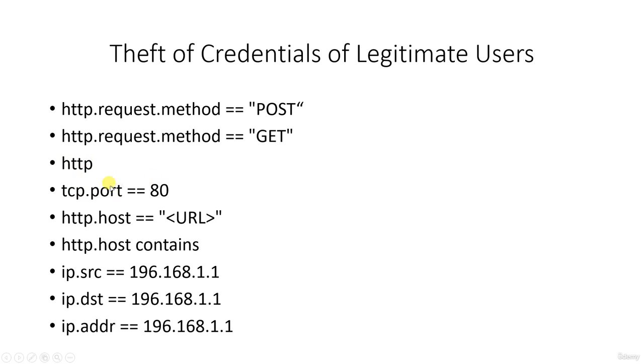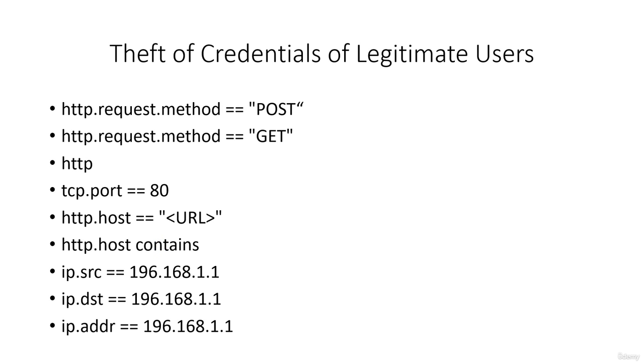And another option is the display of all HTTP traffic, because HTTP traffic is mostly on port 80, and this one is for searching for requests to a specific site. You can just type any specific site you want to search, and this one searches requests to a specific site by name.